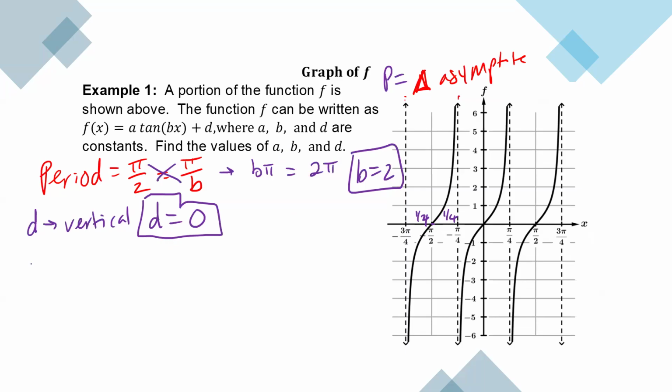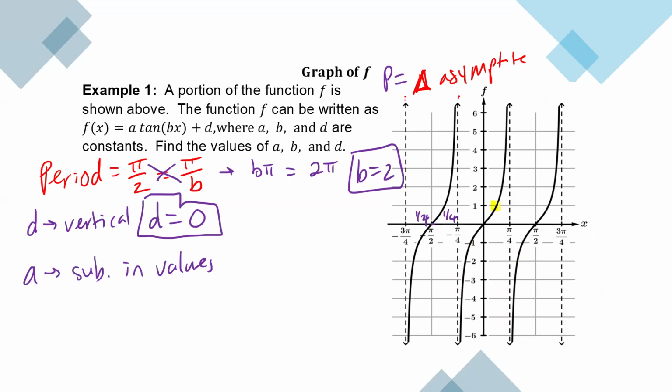To solve for a, we're going to substitute in values. In order to substitute in values, you're going to choose any point on here and evaluate what the a could possibly be. I'm going to always choose the point that's going to give me a value of 1. Why would I go any harder?